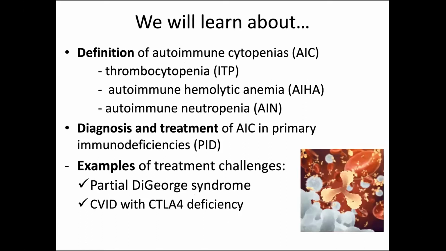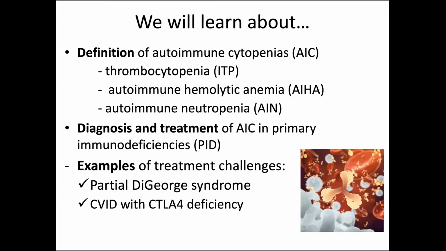Today we will learn about the definition of autoimmune cytopenias, in particular ITP, immune thrombocytopenia, AIHA or autoimmune hemolytic anemia, and autoimmune neutropenia. I'm going to touch on the diagnosis and treatment options for these disorders in the primary immunodeficiency populations.